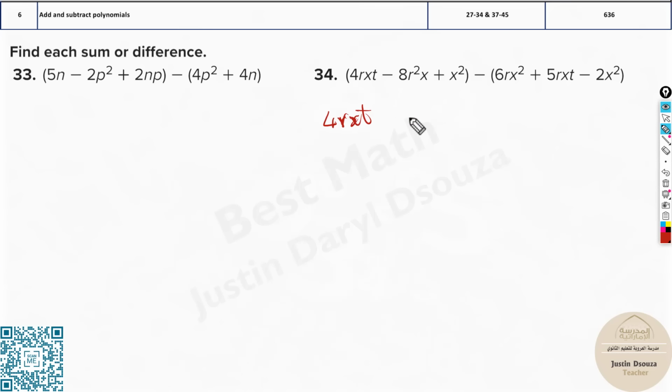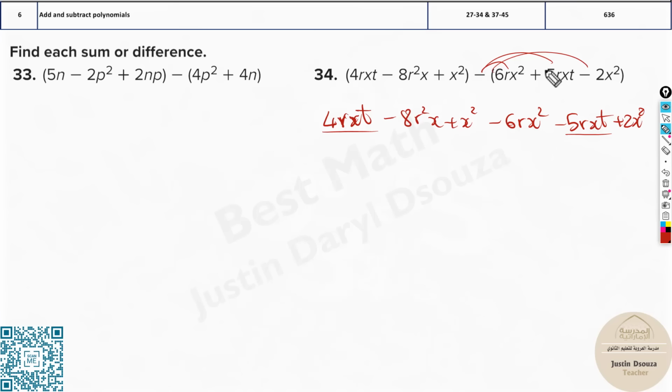This is r x squared minus 8r squared x plus x squared minus 6r x squared minus 5. Both the others remain minus. Now then, which is having same variable over here?